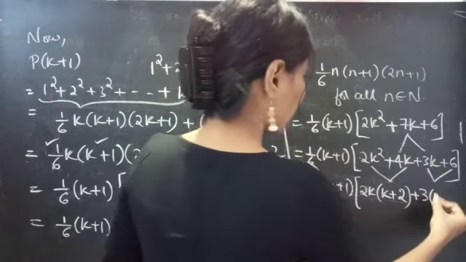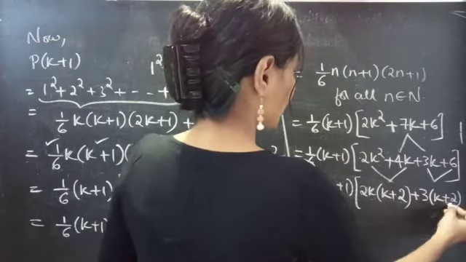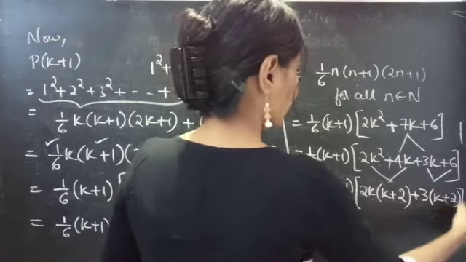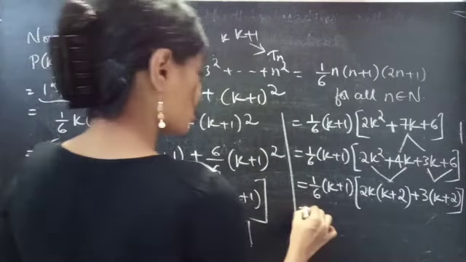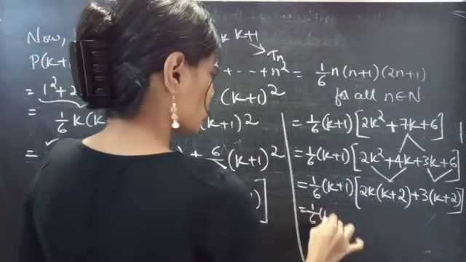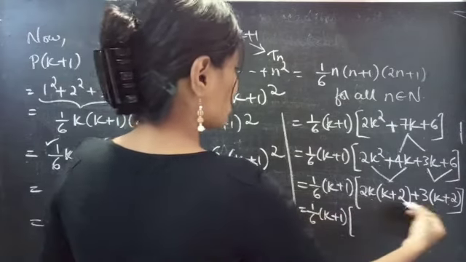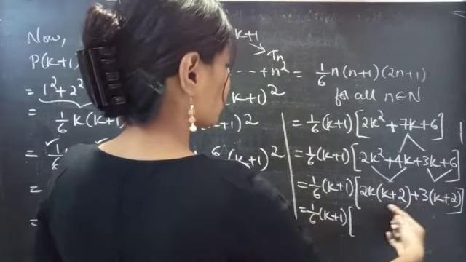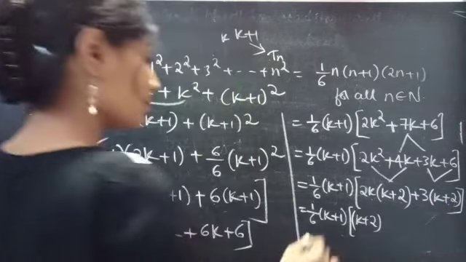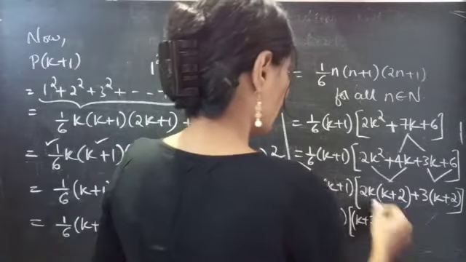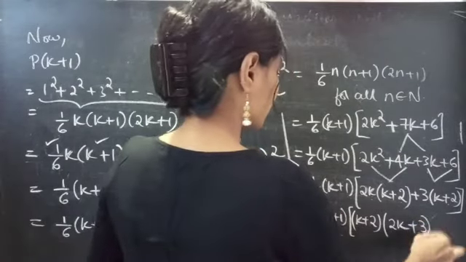You'll get 3 times k plus 2: 3 into k is 3k, plus 3 twos are 6. Okay. So this equals 1 by 6 into k plus 1 into, since k plus 2 is common, you're having k plus 2 in both the terms. So take k plus 2 common from these two terms. Then you get k plus 2 times 2k plus 3.